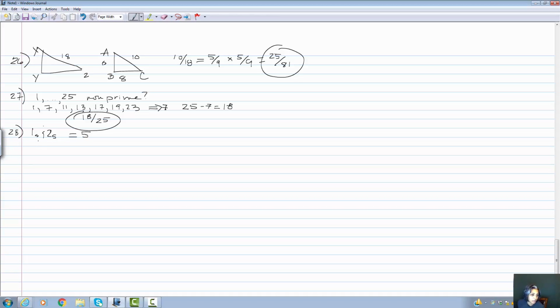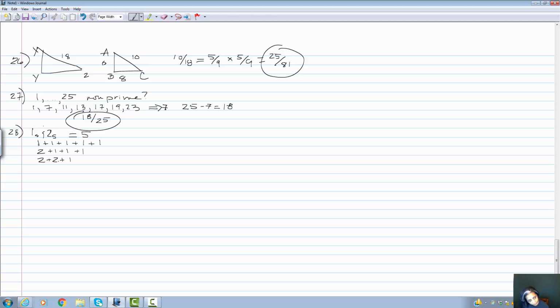So let's see, if we use all 1s, we've got 1 plus 1 plus 1 plus 1 plus 1. If we use just one 2, we'd have 2 plus 1 plus 1 plus 1. If we use two 2s, we'd have 2 plus 2 plus 1.